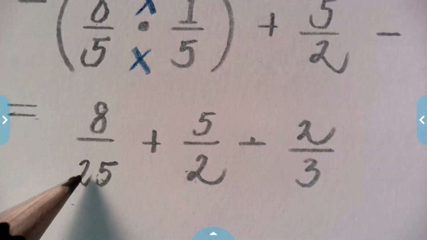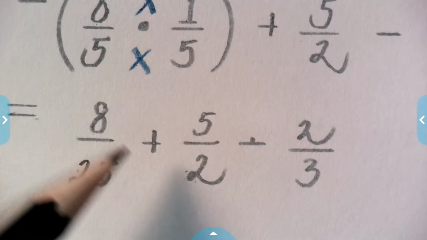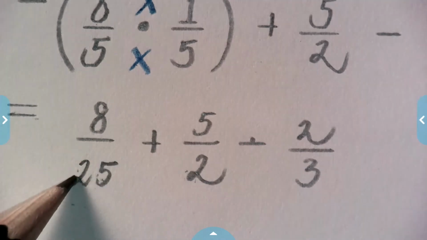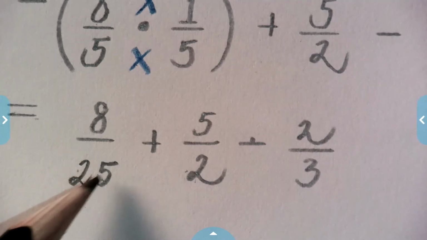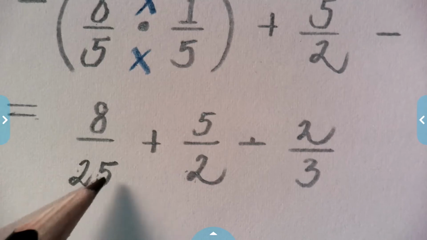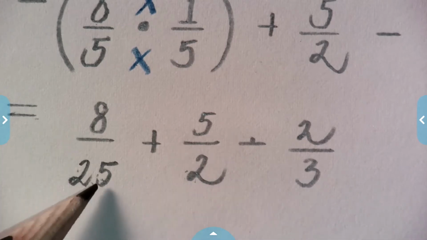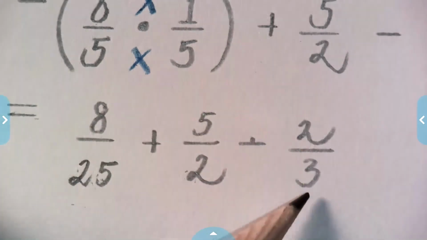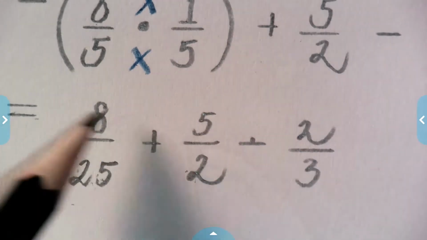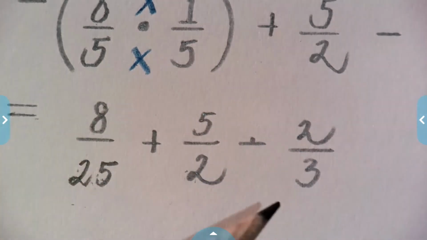So I know already that the multiple I'm looking for is going to be one of the multiples of 25 that ends in a 0, like 50, 100, 150. Okay? Like that. So let's try 50. Well, 3 won't go into 50. Okay, try 100. 3 won't go into 100.